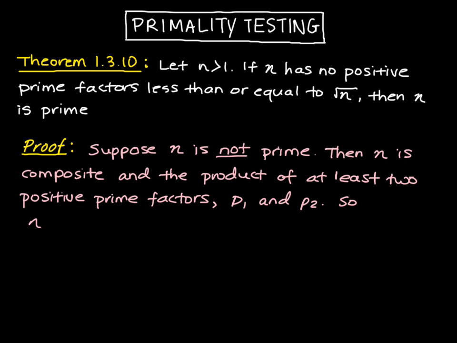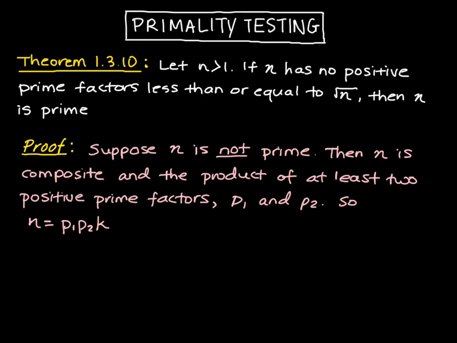So we have that n is equal to P1 times P2 as its prime factors, and then times some integer k. And k could be 1. k could also be the product of some primes. But for now, we're only focused on the fact that it has to be the product of at least two positive prime factors.